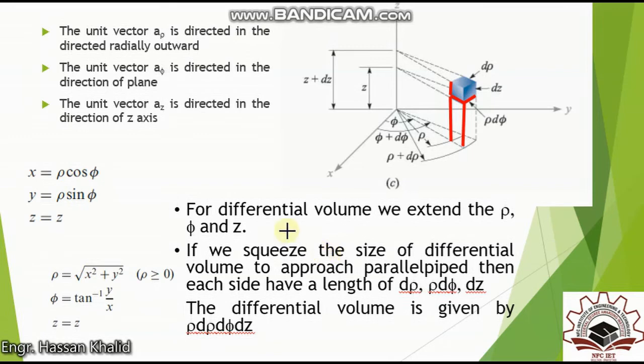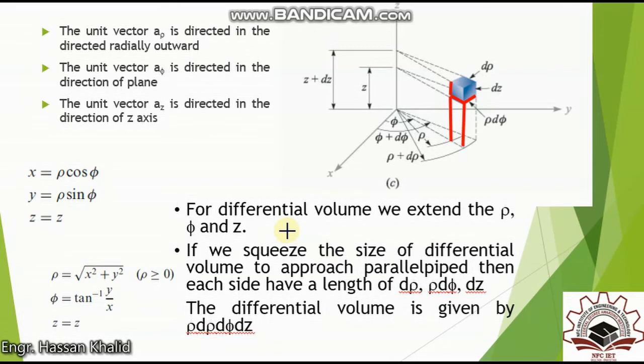Now if we squeeze the size of this differential volume to such a small value, it will approach a parallelepiped-like structure. Then each side will have a length of d rho, in the angle it will be rho d phi, and in the z axis it will be just an incremental distance dz.